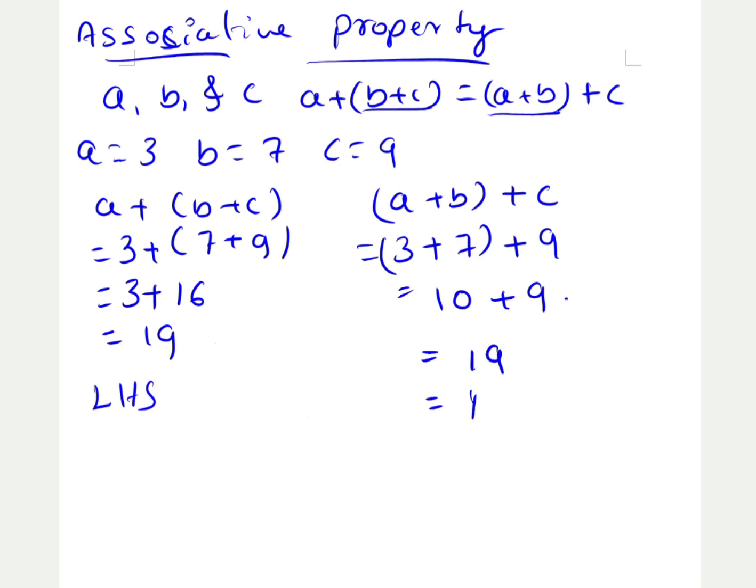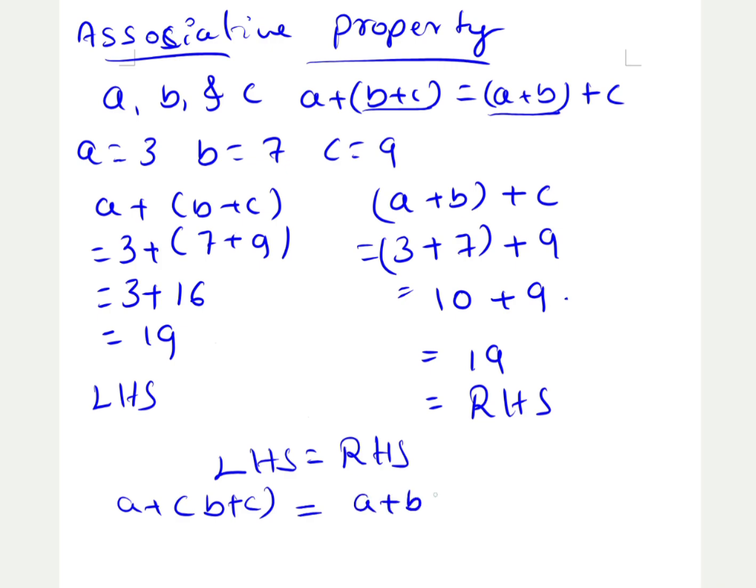So this is the RHS, the right hand side part. So LHS is equal to RHS, which means (a plus b) plus c is equal to a plus (b plus c).